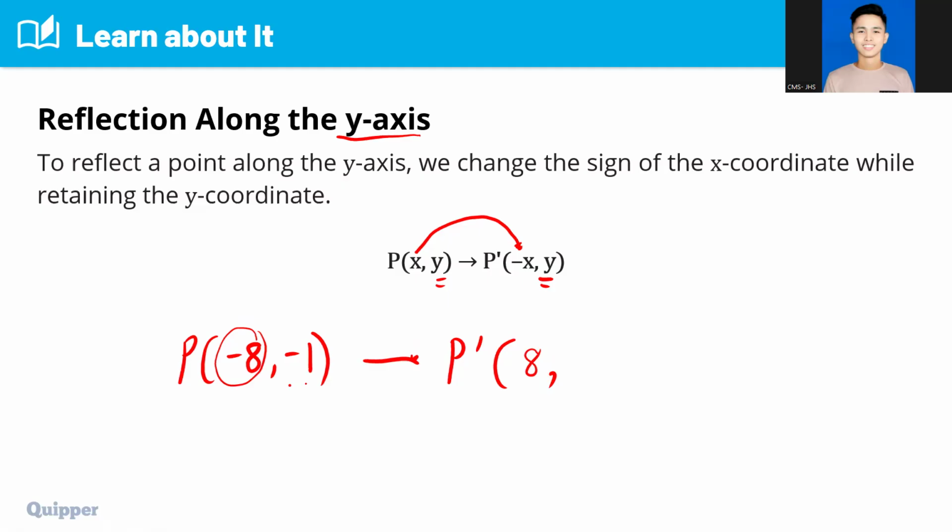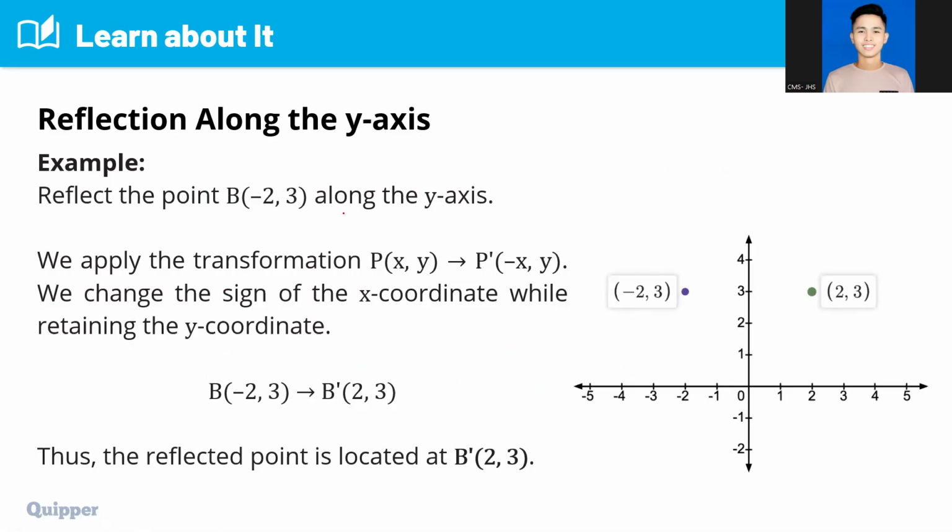And then we copy the y-coordinate, negative 1. Very simple, right? Another example, reflect point B (negative 2, 3) along the y-axis. Again, along the y-axis, we flip the sign of the first element. So it will become (positive 2, positive 3).